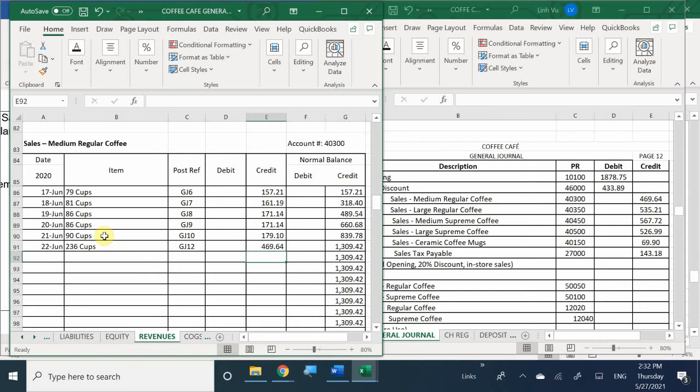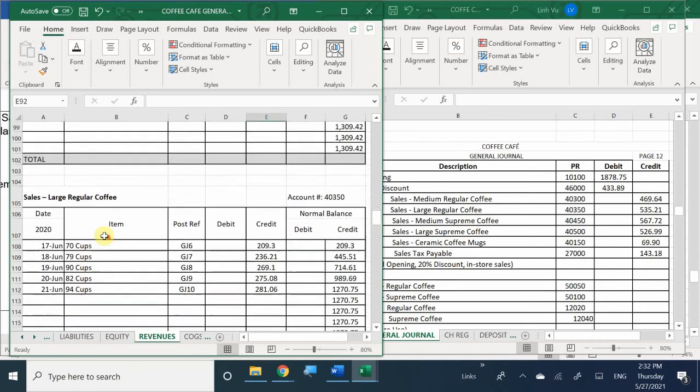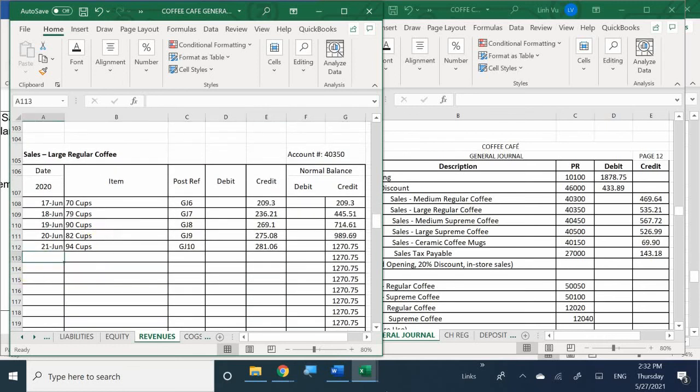Now our sales of our regular large coffee. The date 6/22. We sold 179 cups.